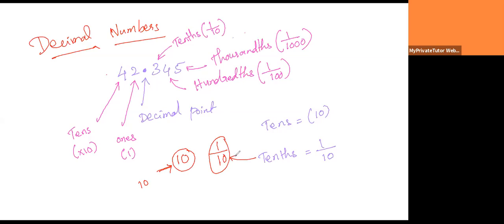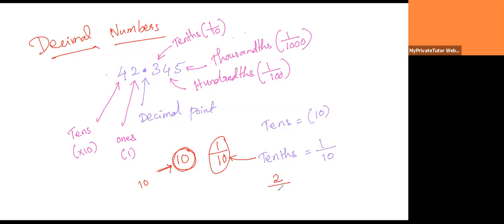This is tenths. So this is a value. This is a whole number, as you see. Tens is about multiplication. 1 by 10, 1 by 100. So if it goes in hundredths, that is this much.